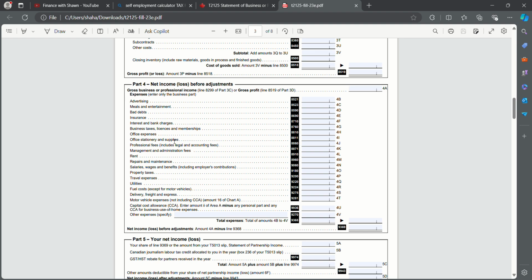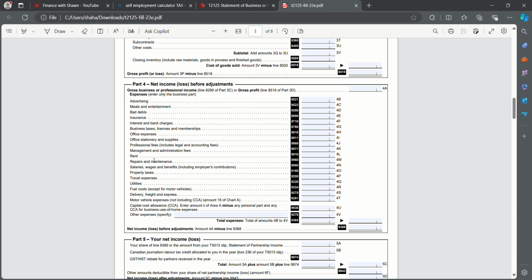If you're at home and you have a home office, then usually the amount taken into consideration would be 10% of your total surface area in your home. So that would be considered reasonable in order to include those in your expenses.